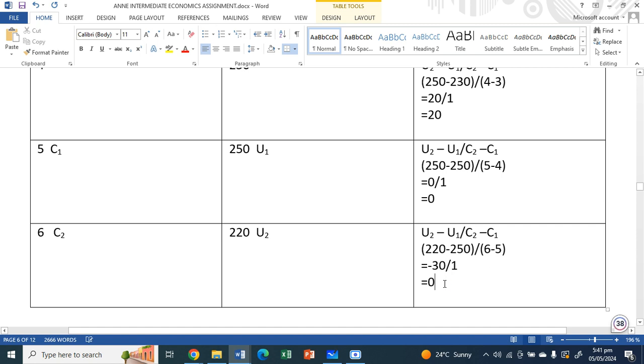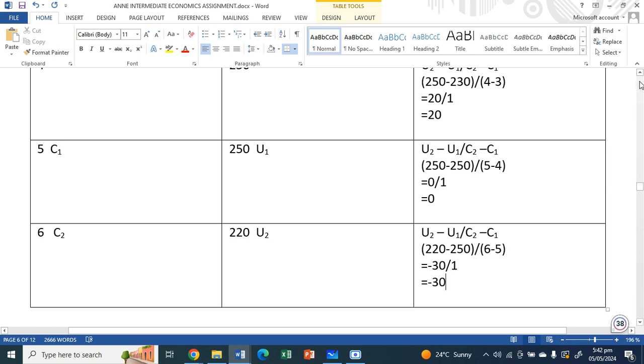Negative 30 divided by 1, you get negative 30. Right? So the law of diminishing marginal utility states that as you consume more of one good, your utility will increase, but there's going to be a point where your utility is going to start reducing. The more of one good you consume, eventually your total utility is going to start reducing.